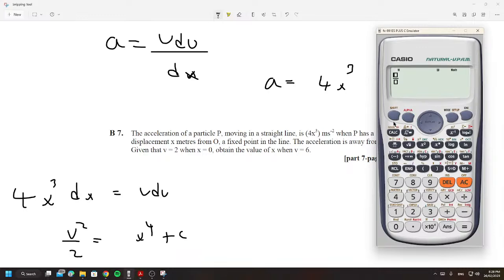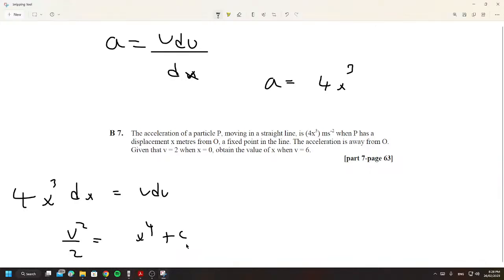They told us when x is equal to 0, v is equal to 2, so 2 squared over 2 equals x to the power of 4. We know x is equal to 0, so 0 to the power of 4 plus c, and c is equal to 2.